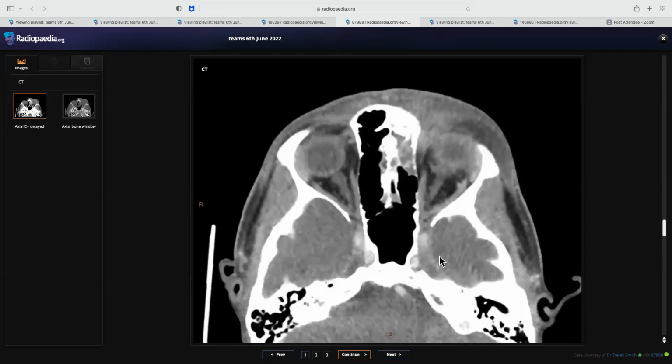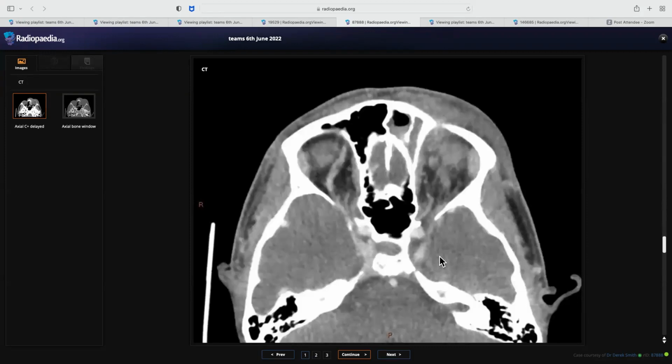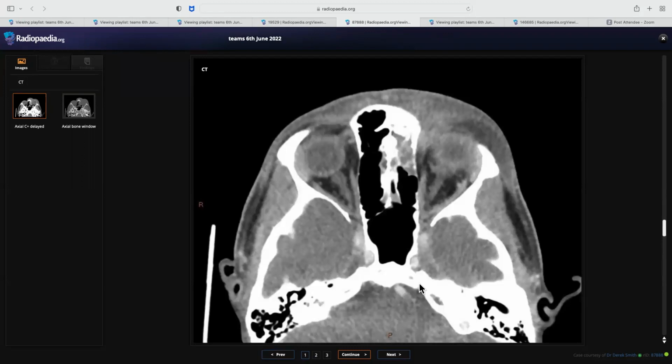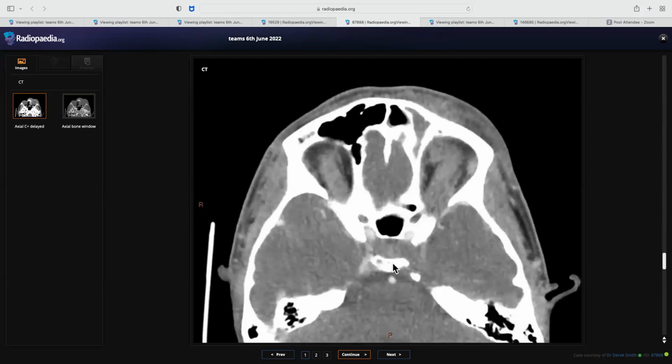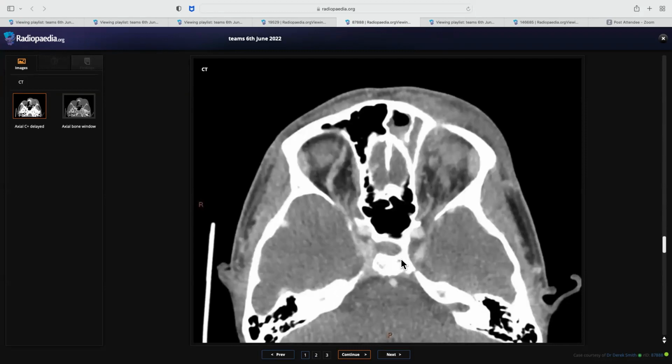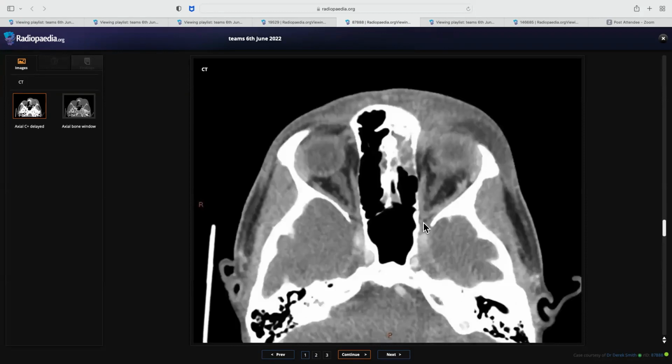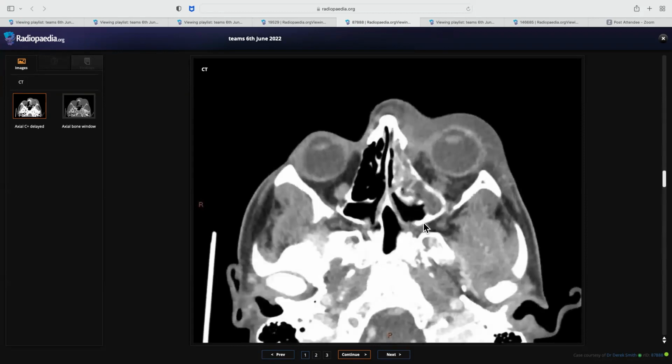You compared it to the opposite side? Yes. Okay, so what is the process going on and what will you do? I think there is sinusitis with possible extension of the infection into the left orbit as well as the periorbital region, with possible endophthalmitis.